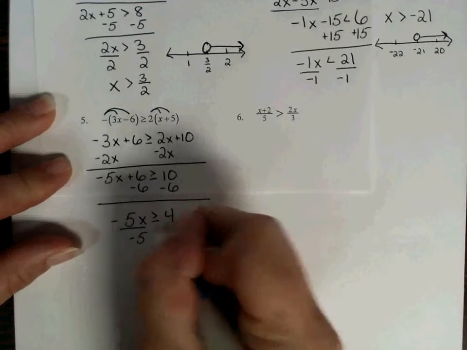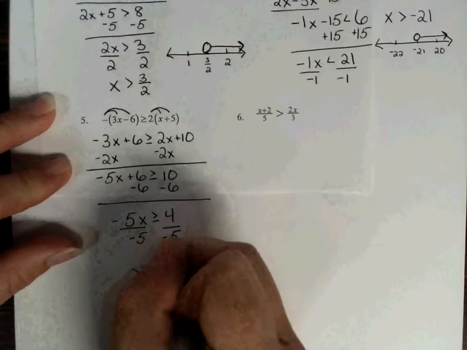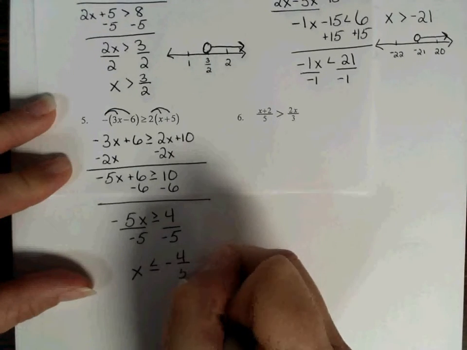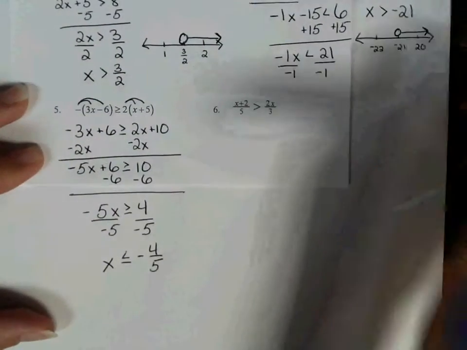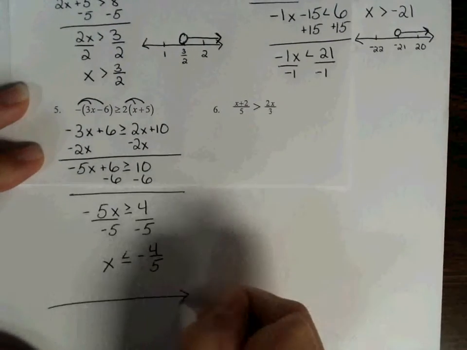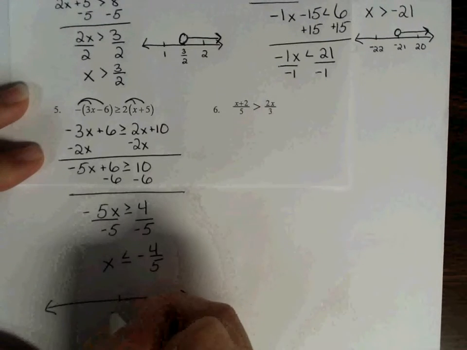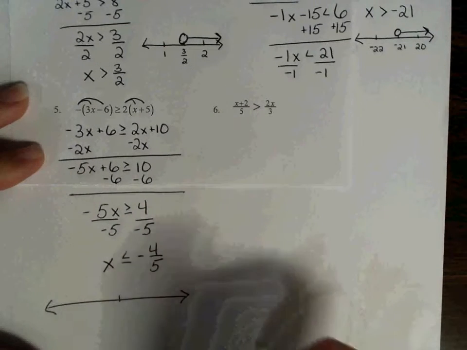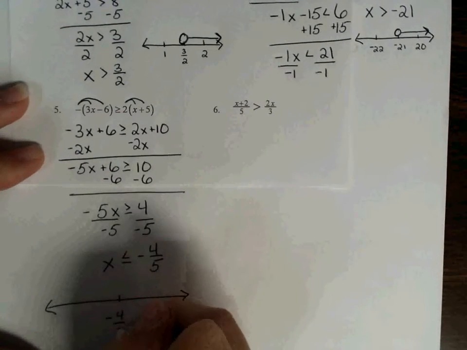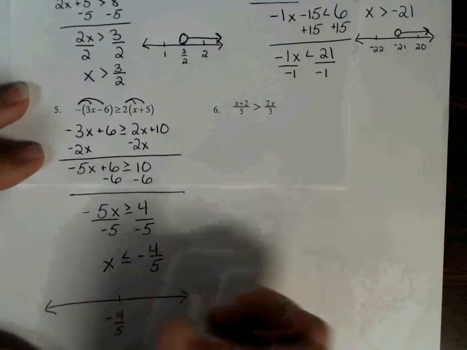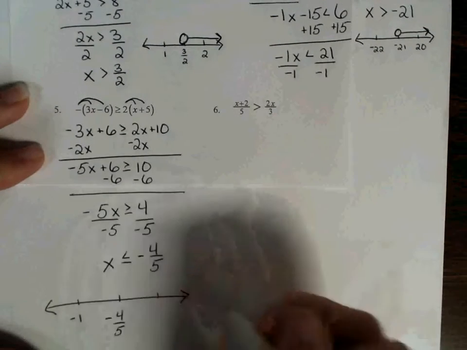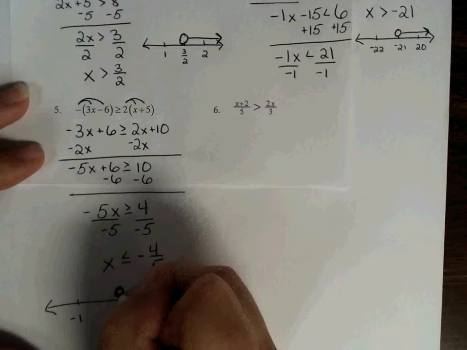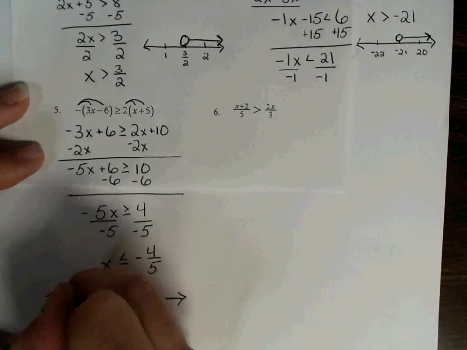And divide by negative 5. When we divide by a negative, we need to flip our sign, and we're going to get x is less than or equal to negative 4/5. So negative 4/5, the left side of that would be negative 1, on the right side of that would be 0. Closed circle and shade that to the left.